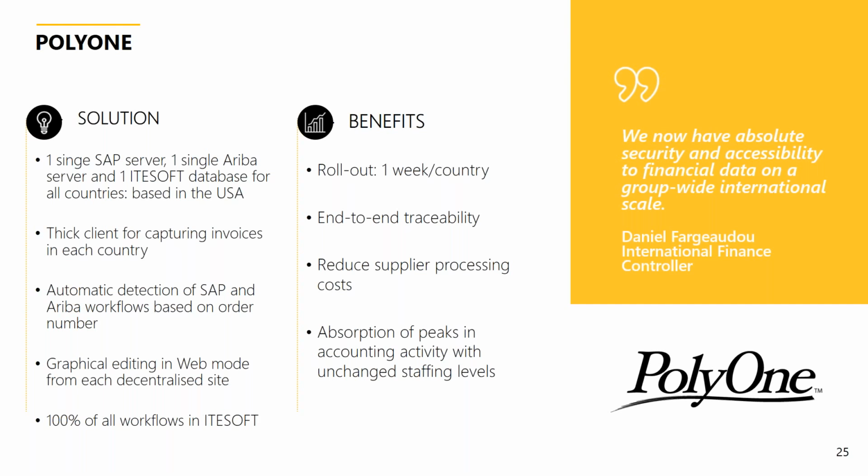And really what that's done for them is, as they bring on new countries, and especially as they move more to the Far East, this has made it simpler, more standard, faster for them to bring on more of their companies and give them visibility for all their invoices across the life cycle of an invoice.